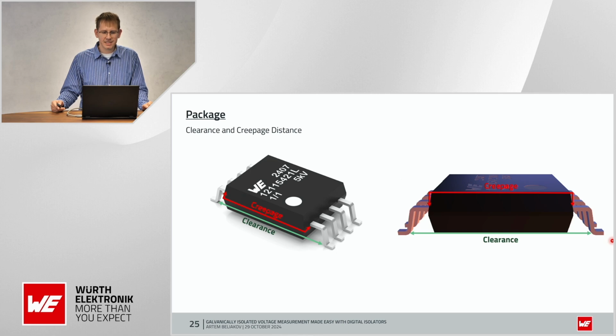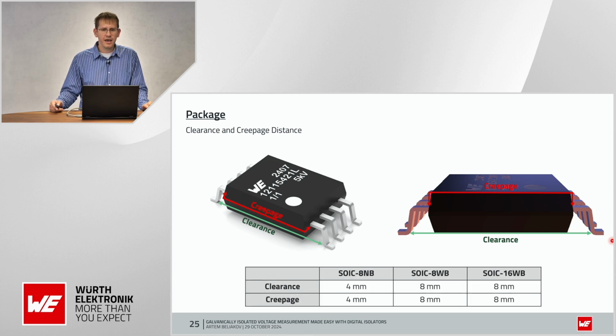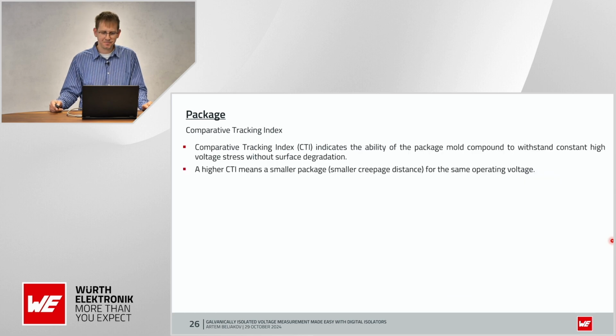And clearance is the shortest distance through air between input and output terminals of the isolator. And creepage and clearance distance for Würth Elektronik isolators in a SOIC 8 narrow body package is 4 mm, and 8 mm for SOIC 8 wide body and SOIC 16 wide body packages.